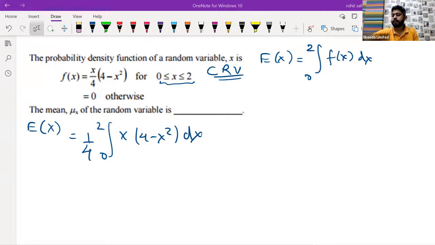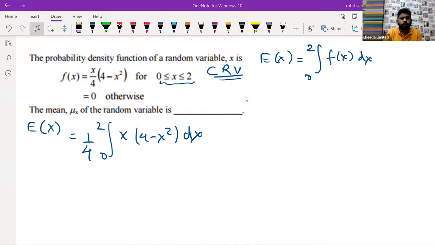Anybody else? Okay, we'll see that, we'll look at correlation and that at the end. Okay, that's the correct answer. This is integration which you can do if you want me to do.